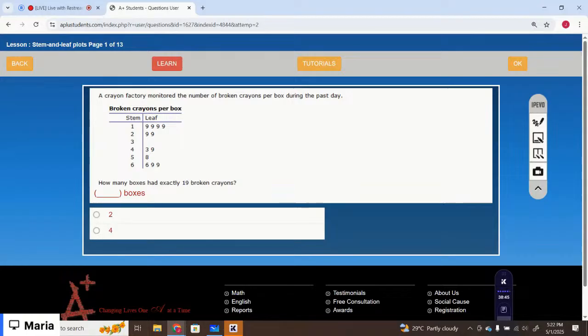How many boxes have exactly 19 broken crayons? So, which is the correct option? Option number 2 is the correct option. 4 it is.